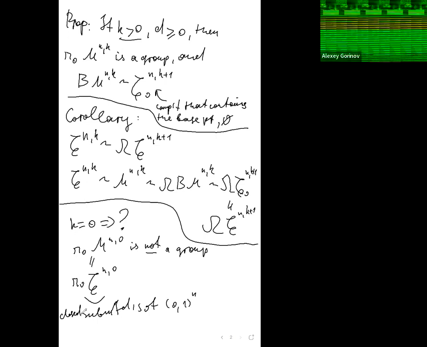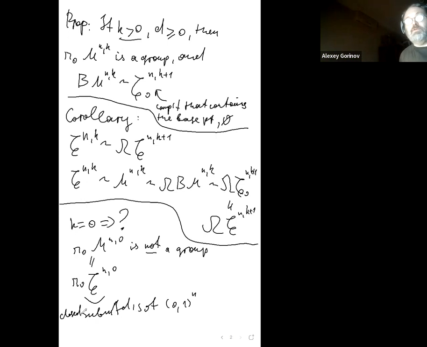It's the space of closed submanifolds of (0,1)^n. And what is the operation? Well, the operation is basically the disjoint union. The disjoint union of two non-empty submanifolds is non-empty.